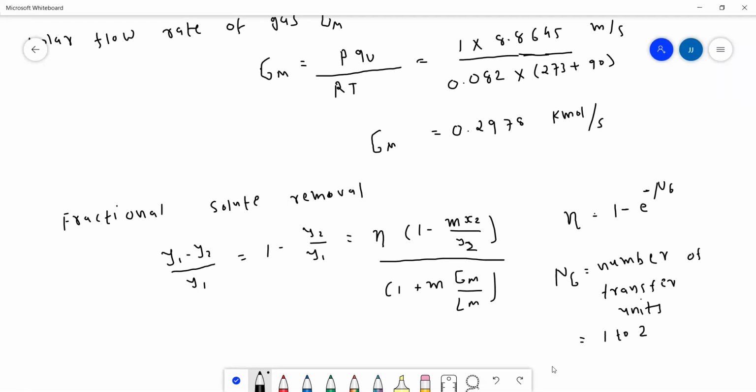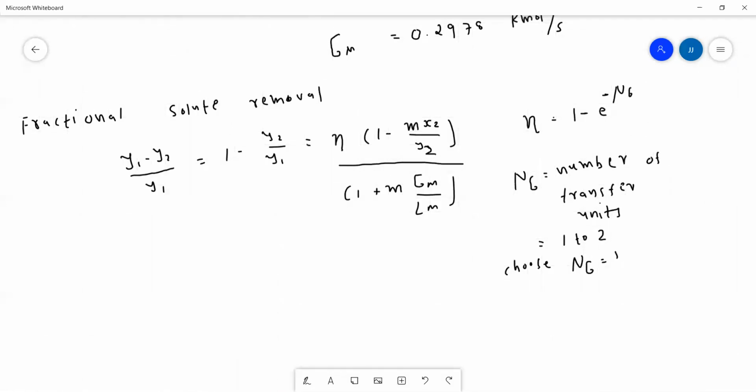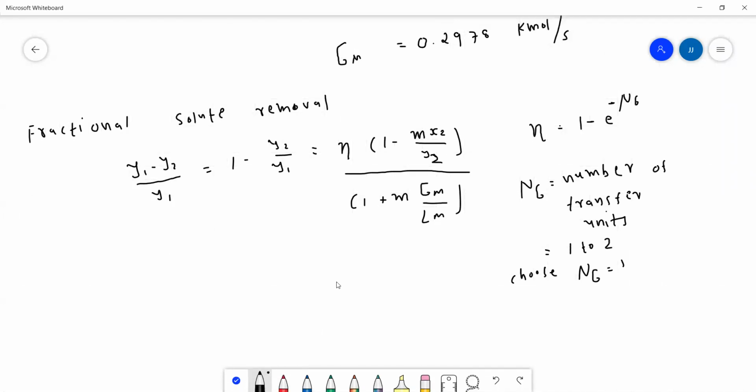So let's choose Ng equal to 1. So efficiency eta becomes 1 minus e raised to minus 1, so we will get eta equal to 0.632.